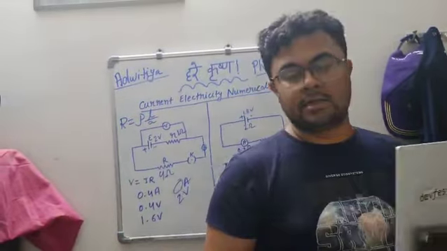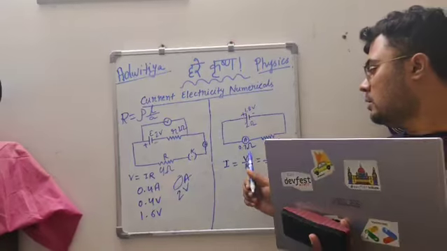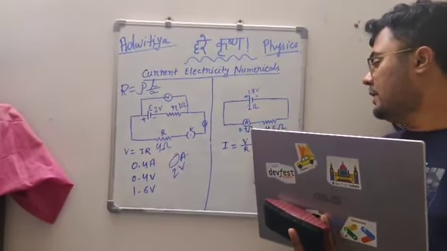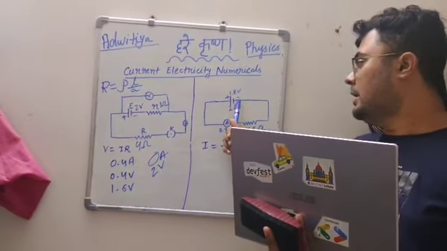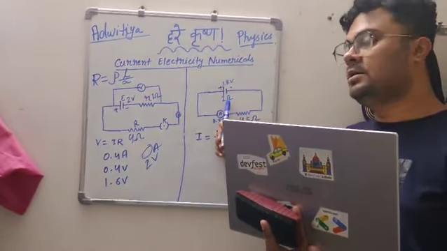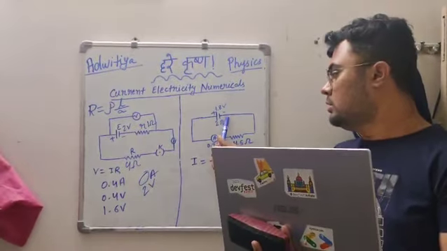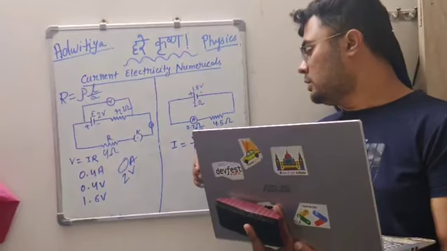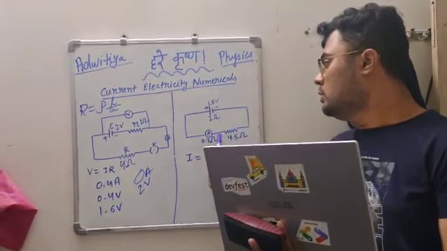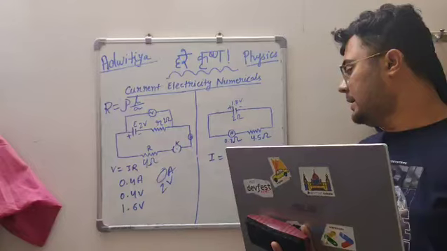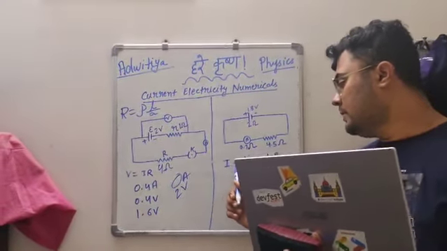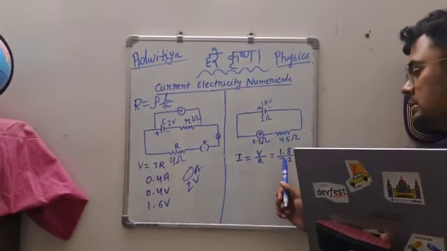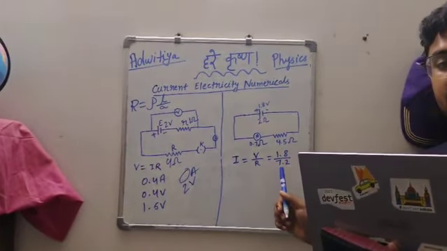Look at this circuit here. 0.7 ohm is the resistance of the ammeter, 4.5 ohm is the external resistance, and 2 ohm is the internal resistance of the cell. So total resistance is 7.2, the voltage is 1.8, so the current will be V by R, means 1.8 by 7.2, that is 0.25 ampere.